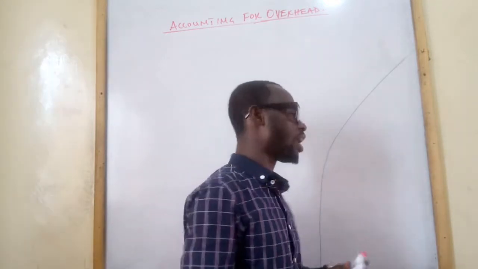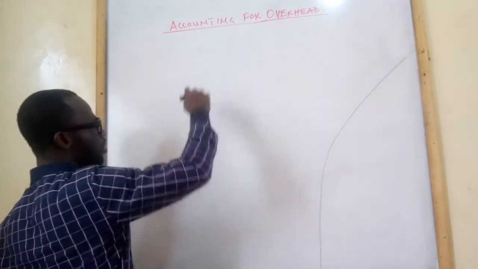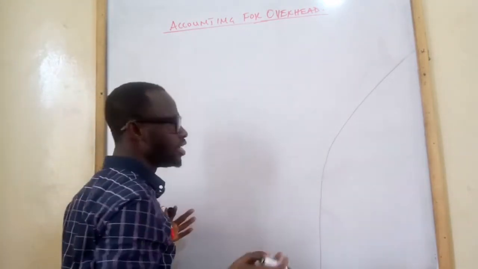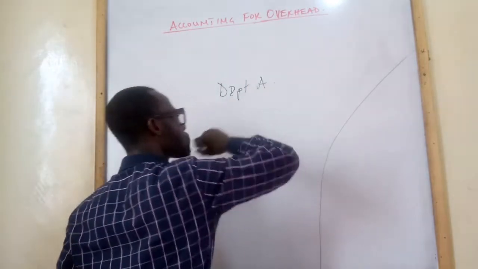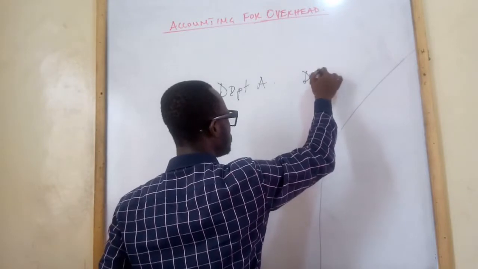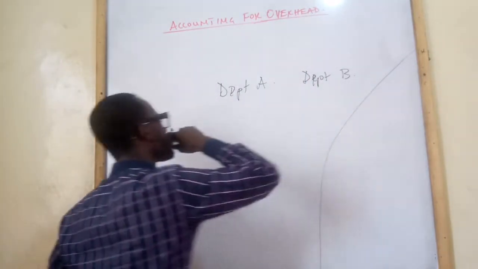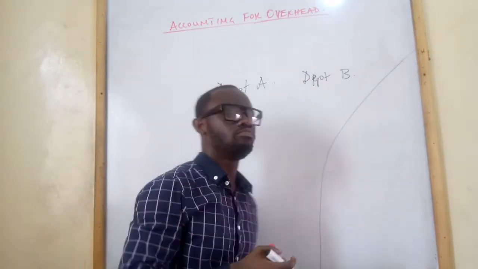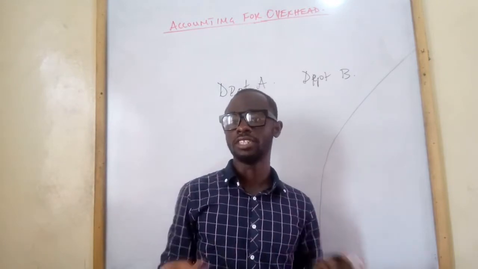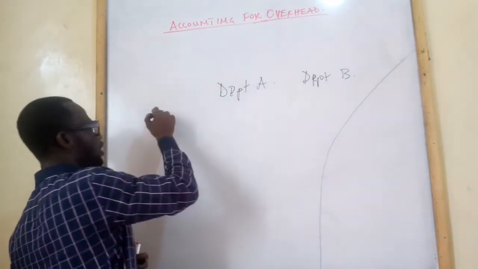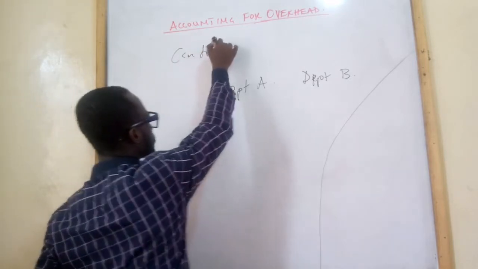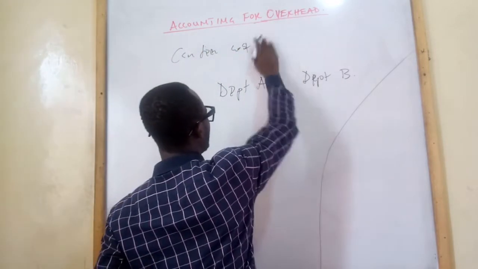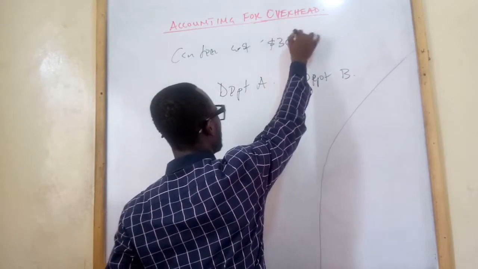Now, what do I mean by all these things? For instance, the organization has more than one department. So let's say Department A, Department B. Then in the whole week, we incurred a canteen cost of, let's say, $300.